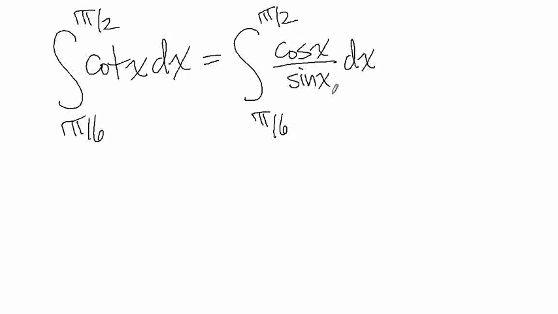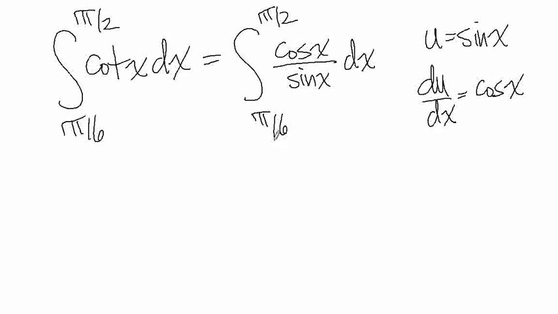And now let's try a u substitution with u equal to the sine of x. Then the derivative of u with respect to x is the cosine of x.